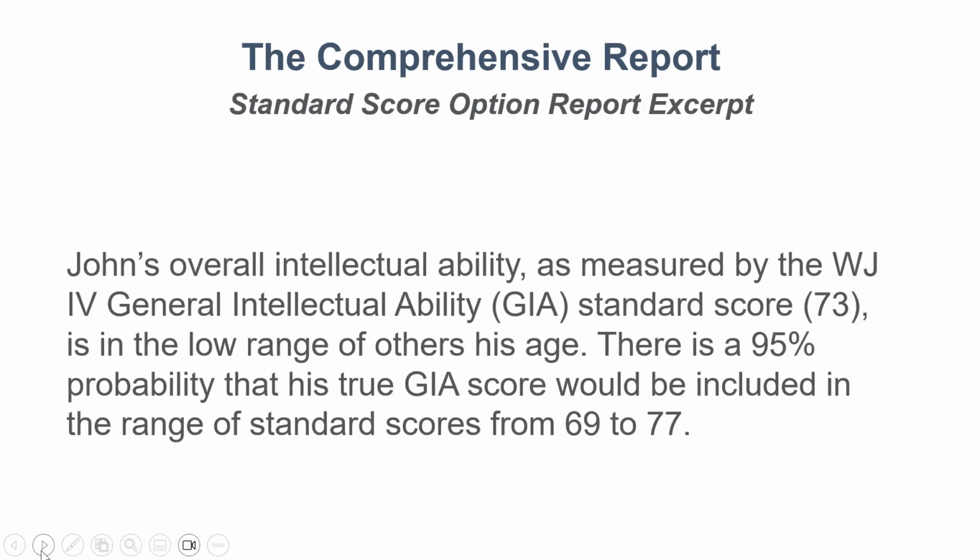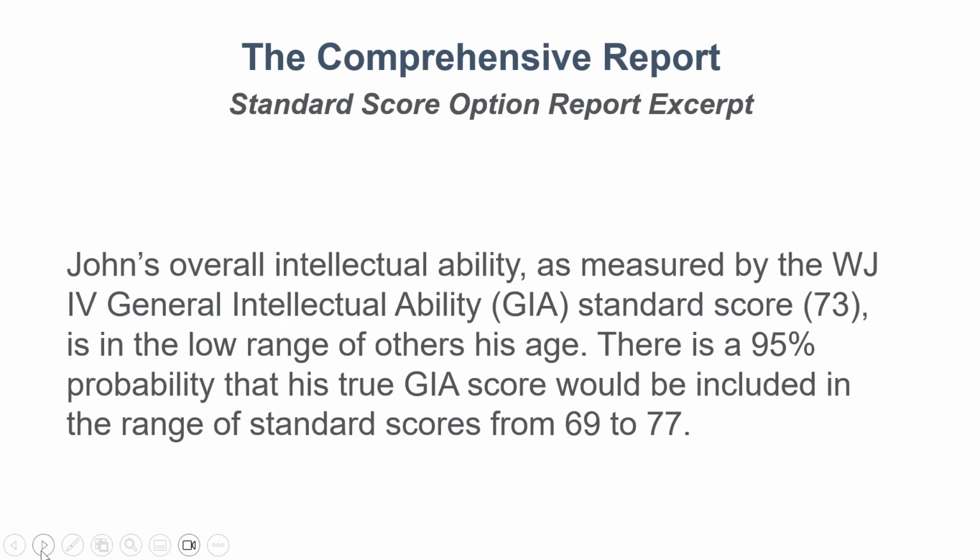So looking at the standard score option, this is just an excerpt from the report that would show you what that might look like. So John's overall intellectual ability as measured by the WJ-GIA standard score 73 is in the low range of others his age. They ran age-based norms.